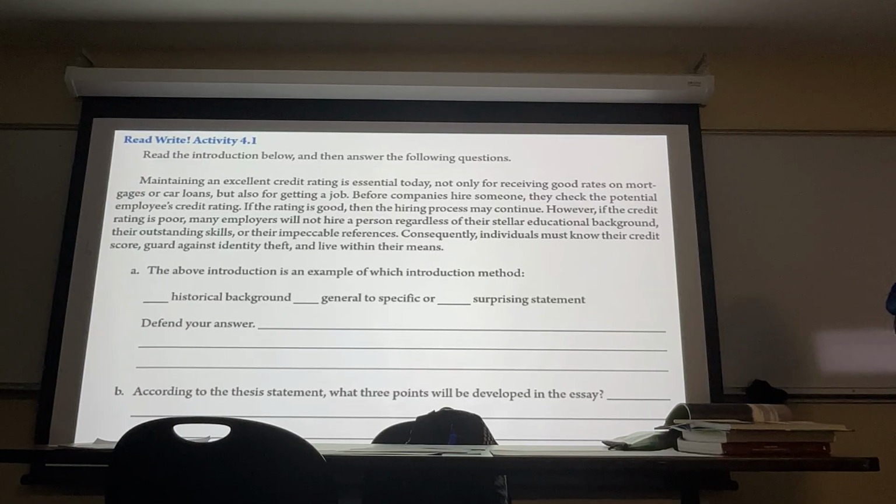It's pretty normal. It just says maintaining an excellent credit rating is essential for today. I thought that works pretty good as well. It's not really overcomplicated. It just gives you a little fact or something to know about the main topic.